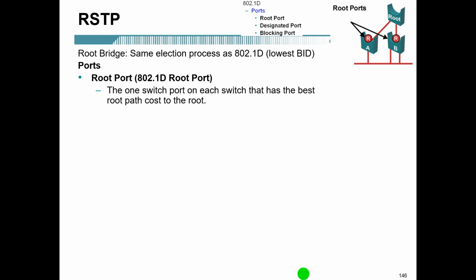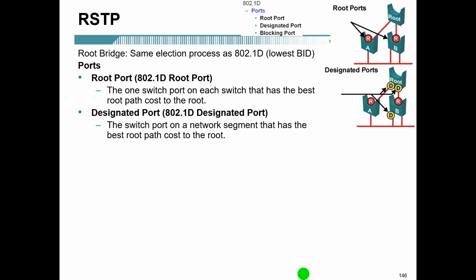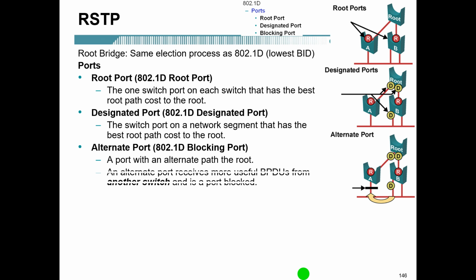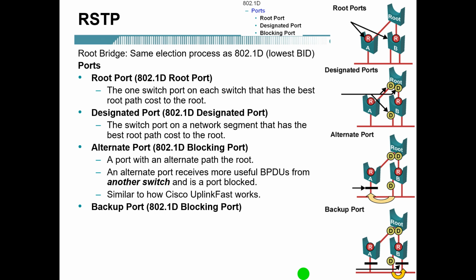The ports are the root port, designated ports, and an alternative port, which is blocking. An alternative port receives more useful BPDUs from another switch, similar to how Cisco's UplinkFast works.